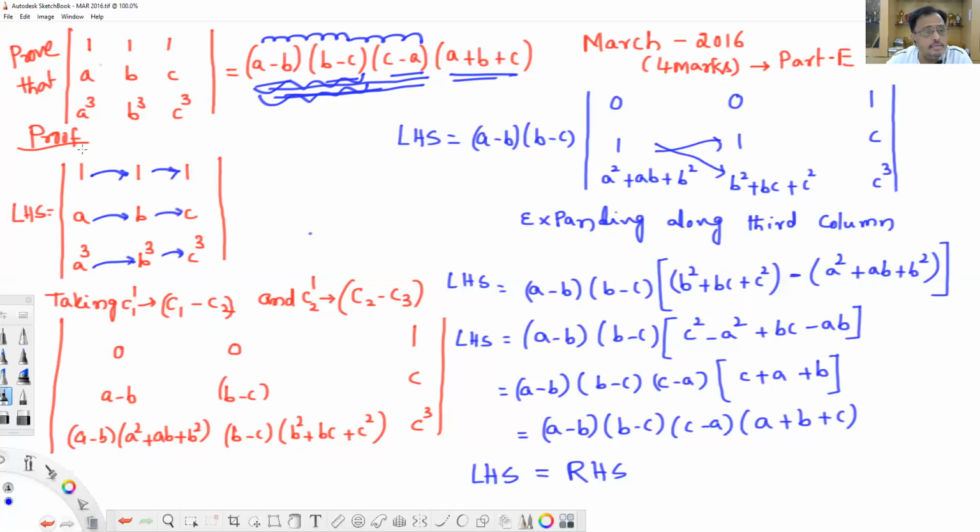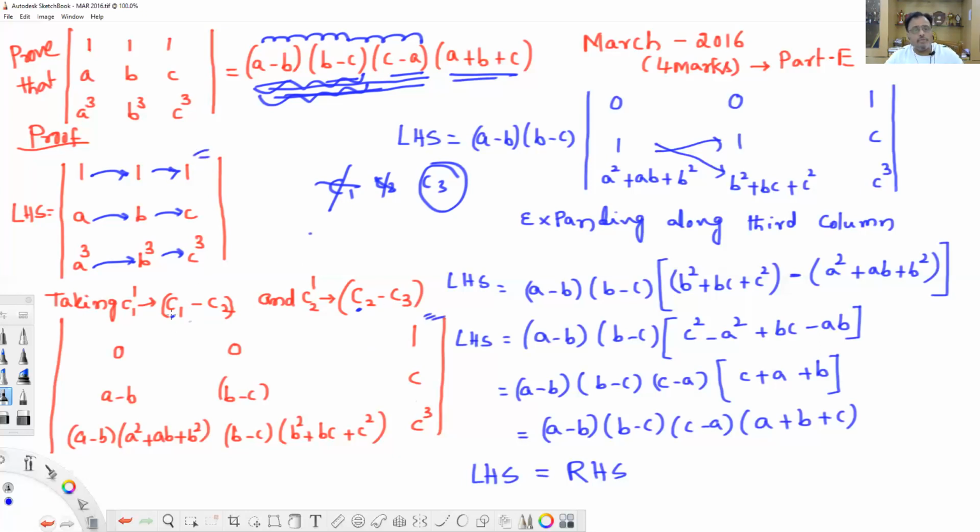Taking C1 minus C2 and C2 minus C3, how many columns are there? C1, C2, C3. C3 is unchanged: 1, C cube.